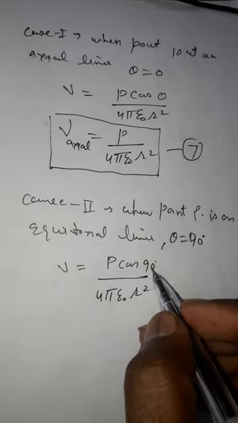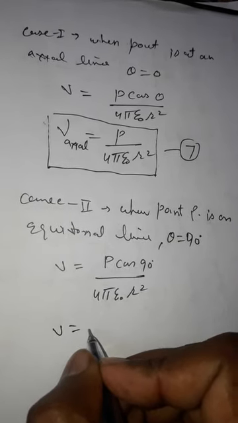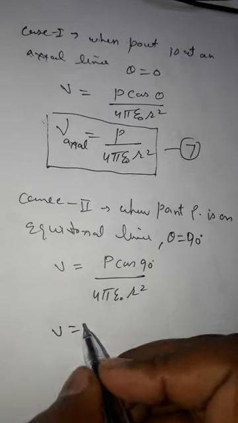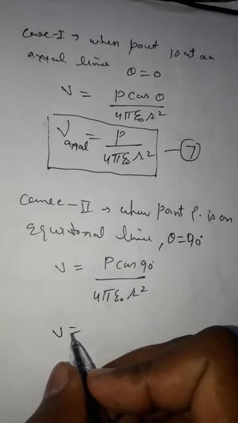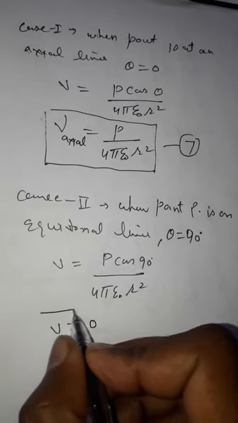As cos 90 is 0, the potential at point P on the equatorial line is 0.